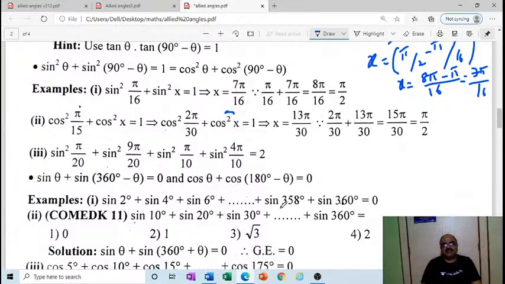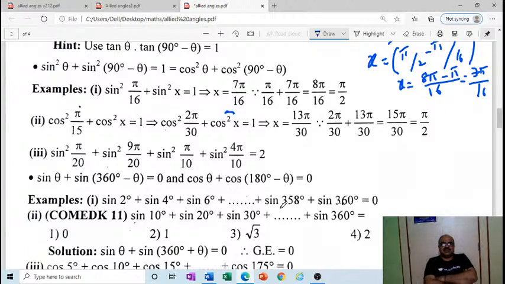Second value. Cos square pi by 15 plus cos square x equals 1. You need to be a little careful here. Same, substitute for x pi by 2 minus pi by 15. You can work it out. I have a solution over there. Let me see whether you get the same answer.